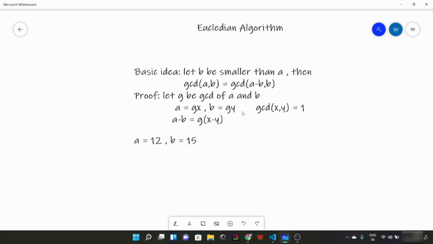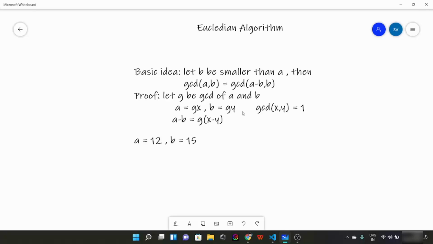So after 2 or 3 loops, suppose A is greater, we'll subtract B from it, and after that, suppose B becomes greater, then we'll subtract A from it, and this goes on until A becomes equal to B.